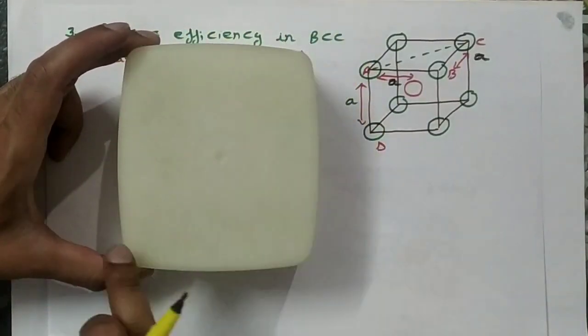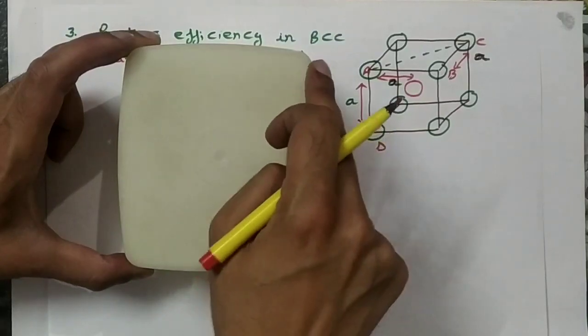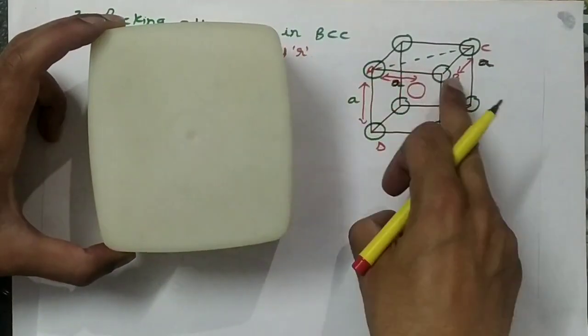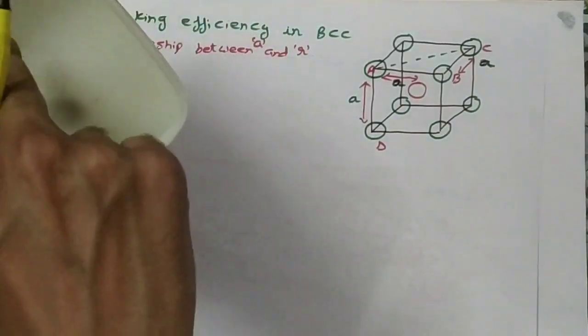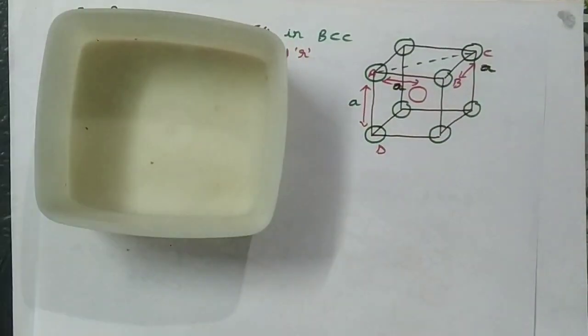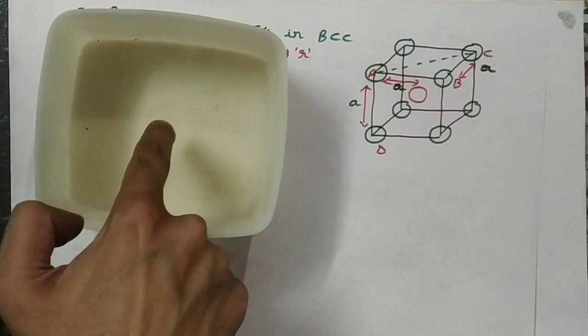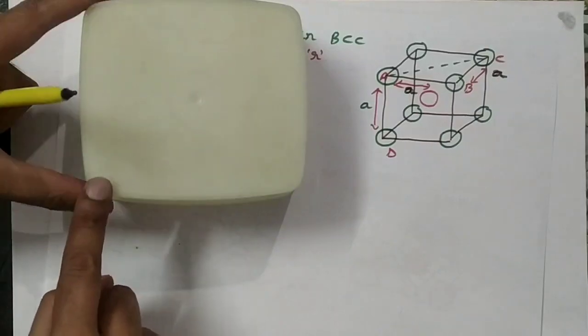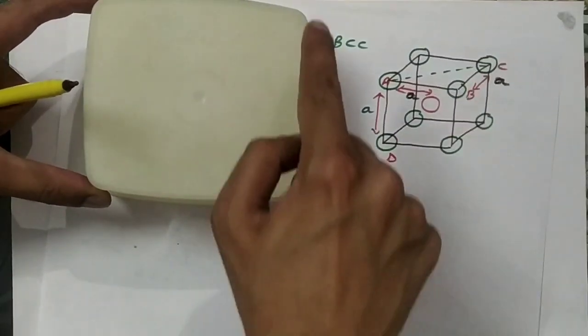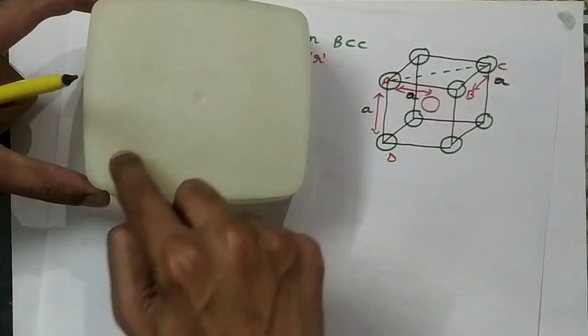Top face A, B, C. This one A, B, C. This is the body diagonal. Where does the body center lie? Somewhere here.